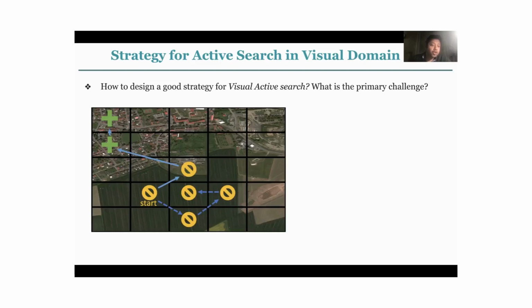Suppose we look for small cars in an image, as shown here, starting in the grid marked start, which we initially think is the best place to look. The greedy policy, being a one-shot predictor of likely grid cells containing the target, continues to explore similar regions marked as crossed circles.